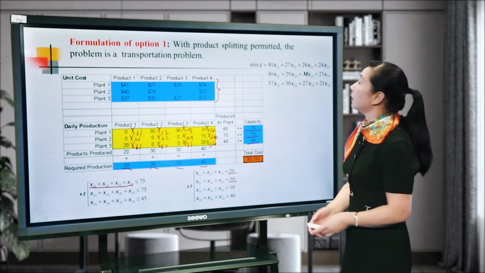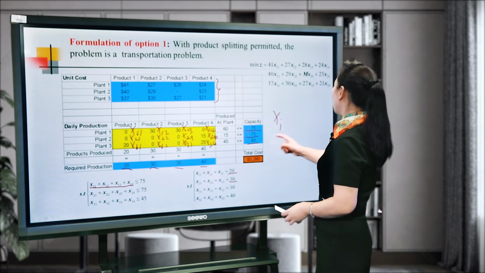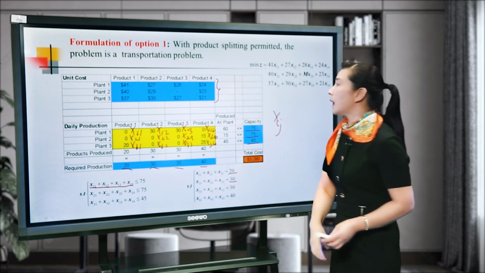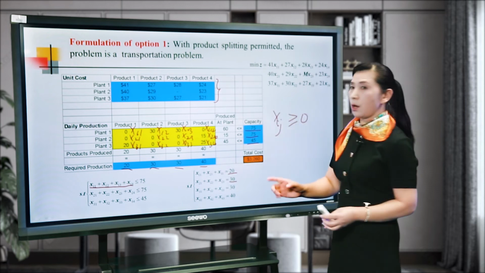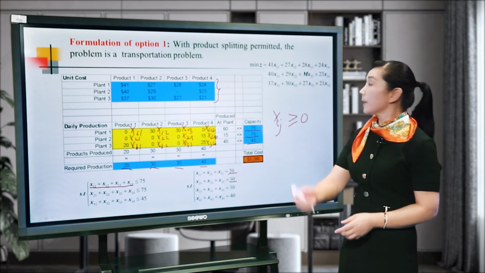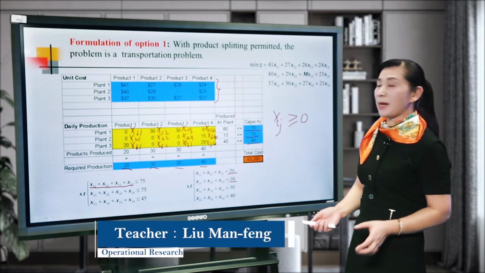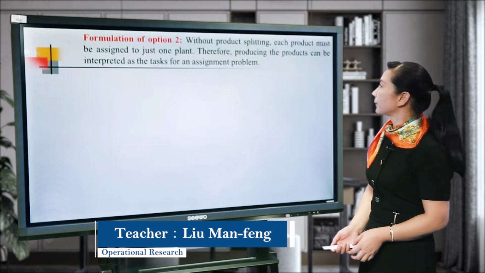So this is the transportation problem because xij can be split and xij is greater than or equal to zero. It is solved by the simplex method and by the transportation method.